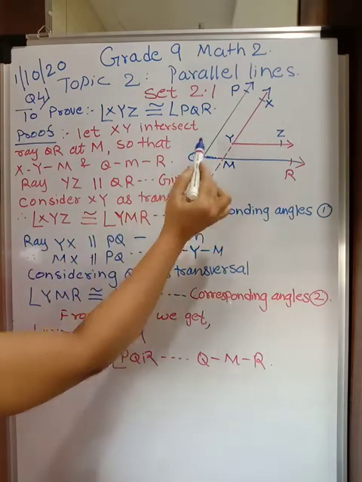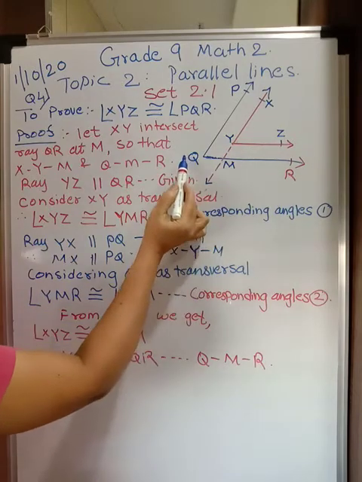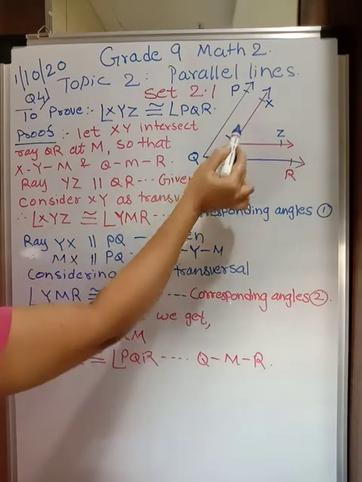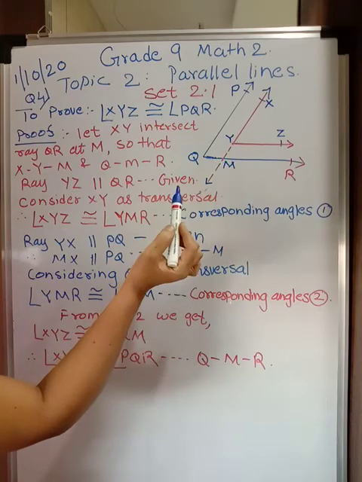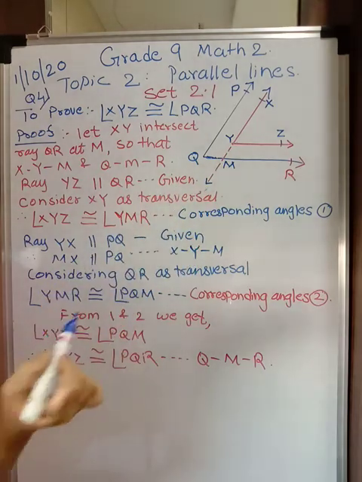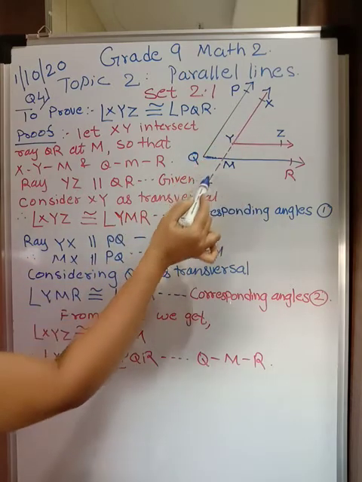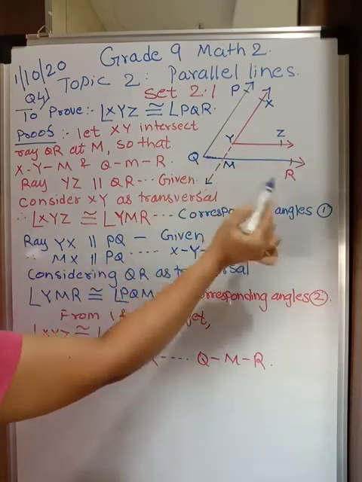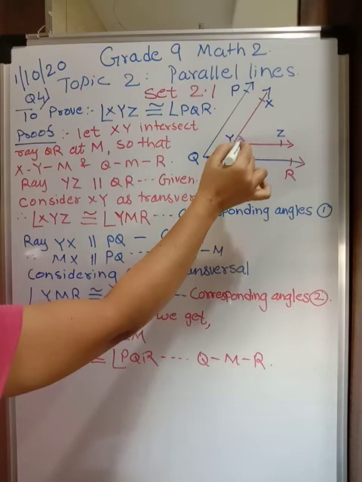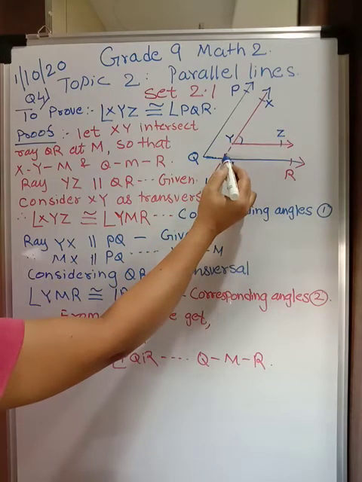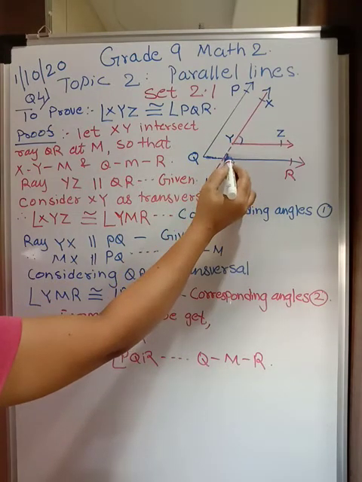Now see students, these two lines are already parallel. If you consider XM as a transversal, XY, this is an extension only, no? If you consider this as transversal and these two lines are parallel, angle XYZ will be equal to angle YMR.